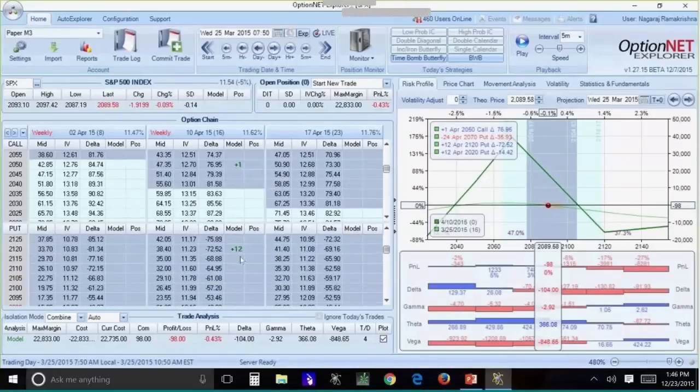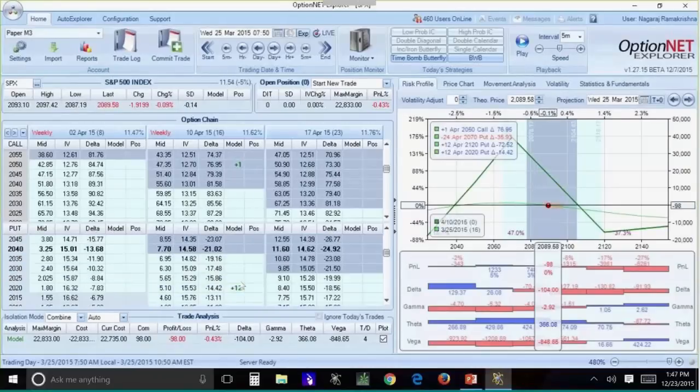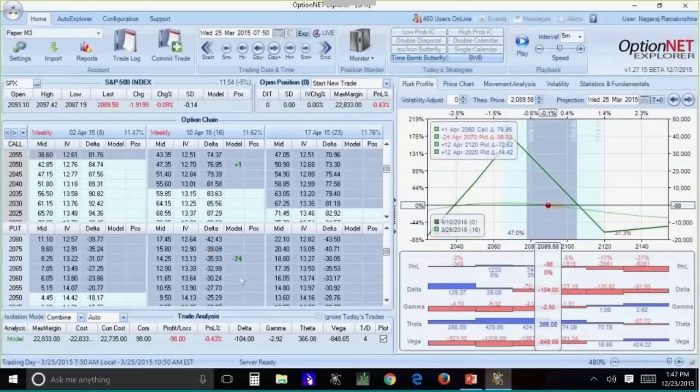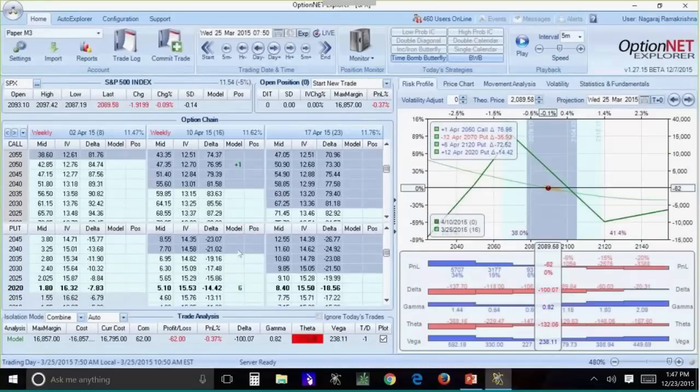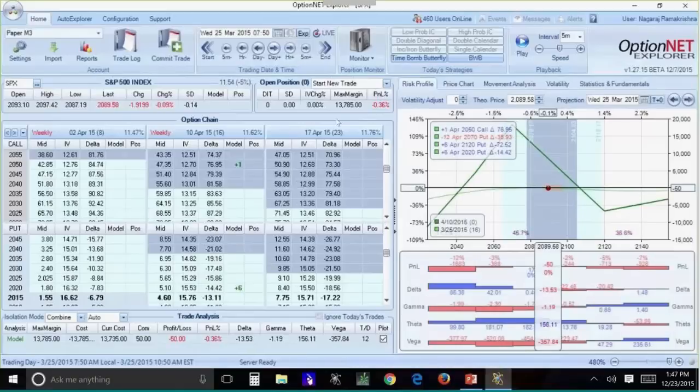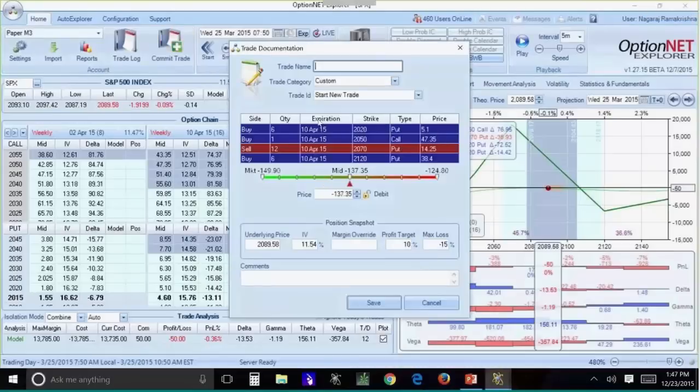Doesn't look right. I'm sorry, it was 6 butterflies. Okay, there. That looks like the well-known M3 profile. Commit to it.